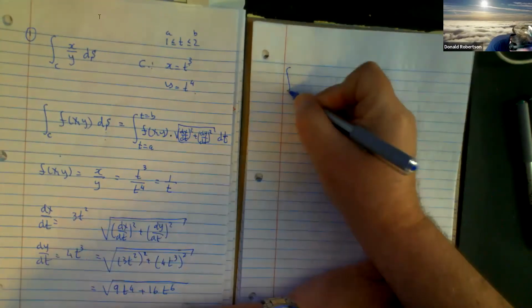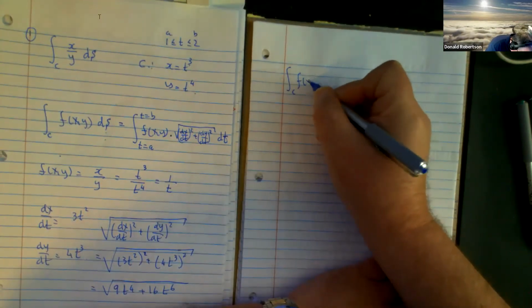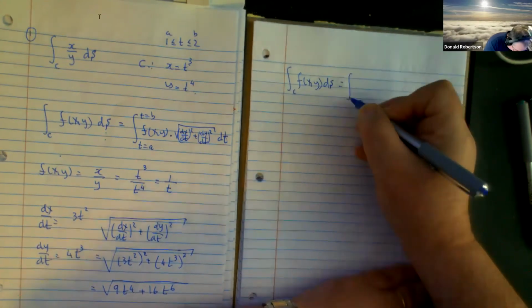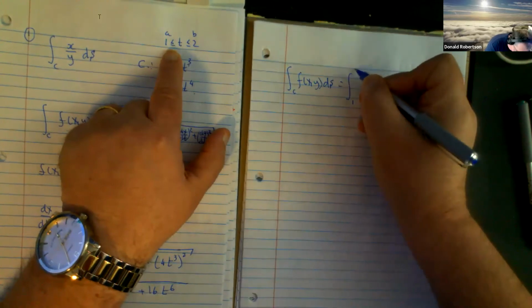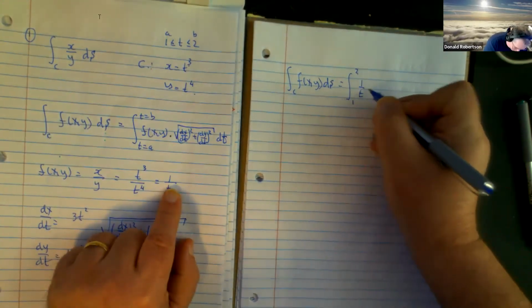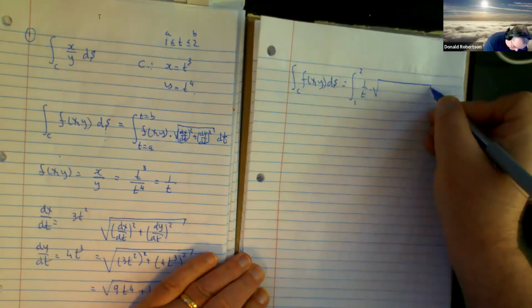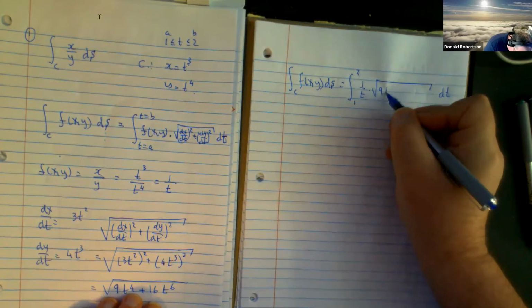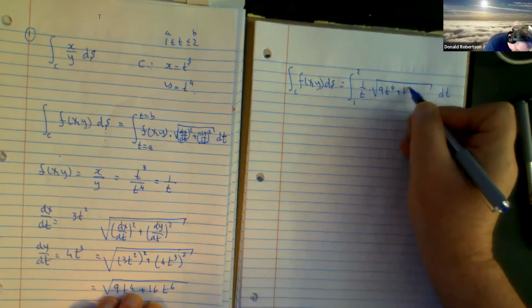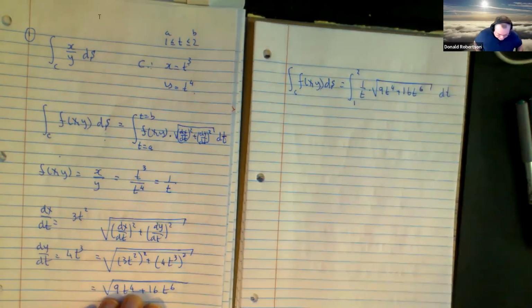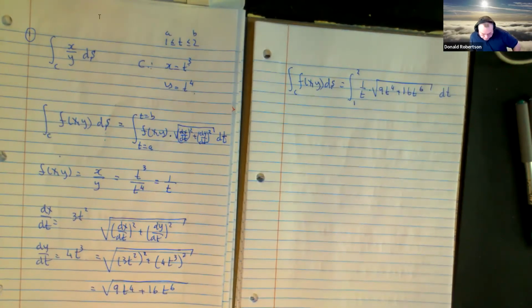So the original line integral is going to be the integral from 1 to 2. The function, the square root bit, dt, and the square root bit ends up being that guy. So far, so good.